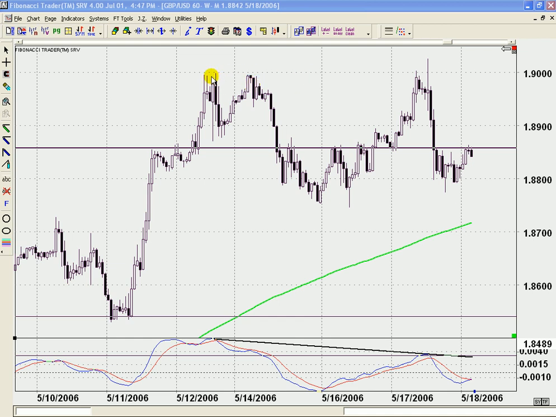It was a key psychological level at which there was a decline in buying interest and an increase in selling interest, with a second, third, and fourth attempt as well, all at 190. Interestingly, after this bounce, price came all the way down to 188.00 and bounced.